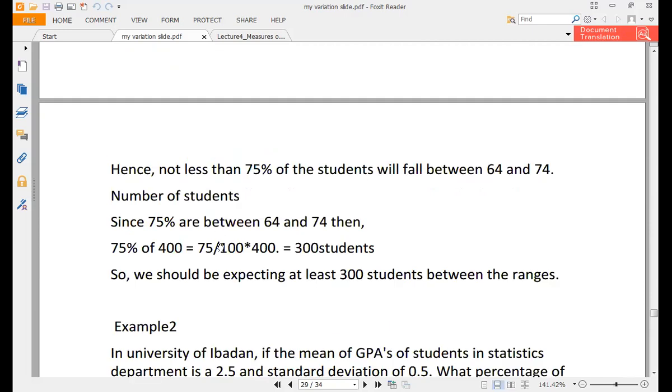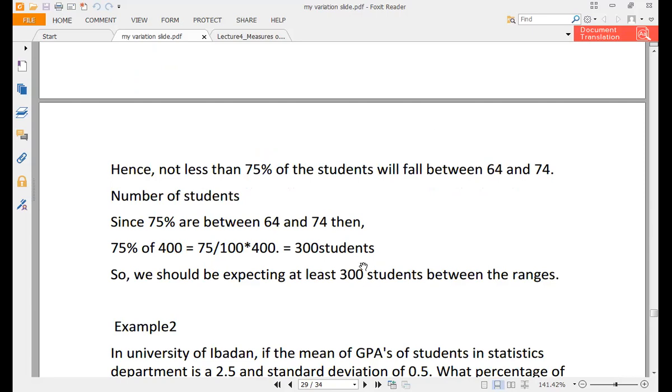What is the total number of students? I have 400. So calculating 75% of 400 gives 75 over 100 times 400, which is equivalent to 300 students. So we should be expecting at least, or let me say the minimum value of students I should be expecting to be between that range is 300 students.